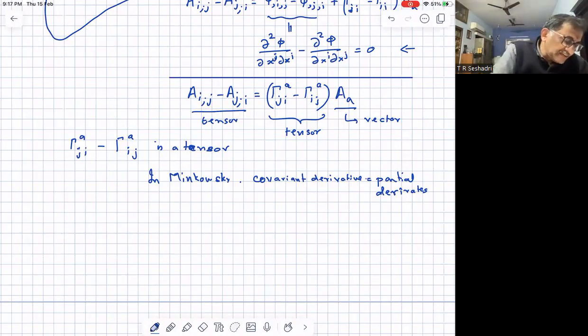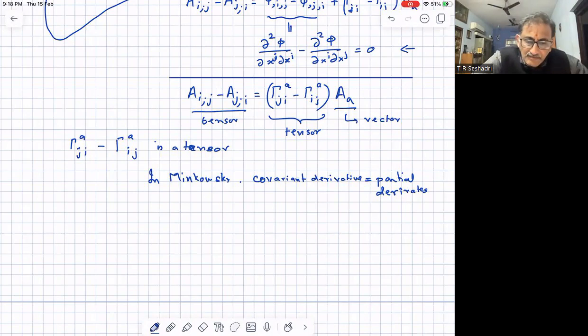Once you have a rectilinear system, there is no extra coordinate artifact when you take the derivative of a scalar or of a vector. I mentioned to you why in special relativity you don't have to find this difference.